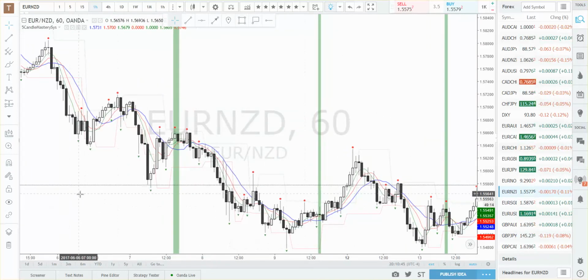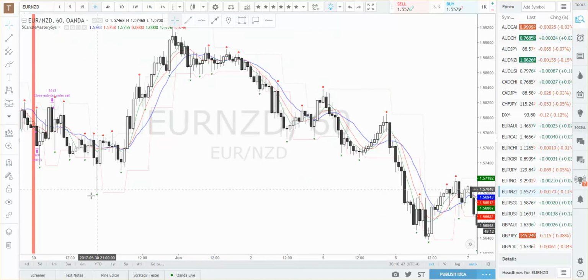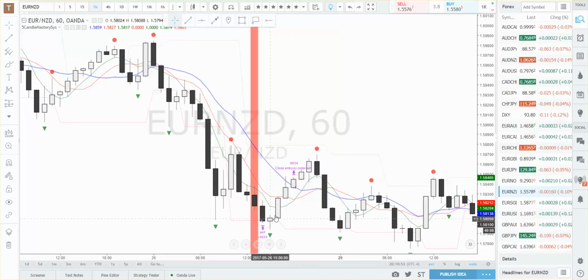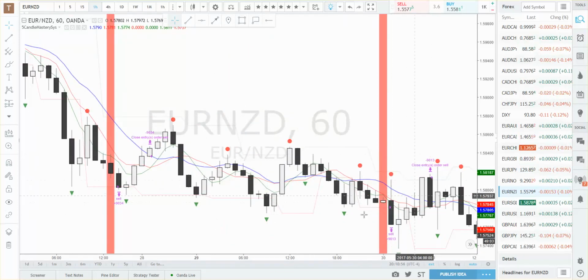Setups that never triggered. This one here is a short that didn't. Yeah, these are shorts that failed.